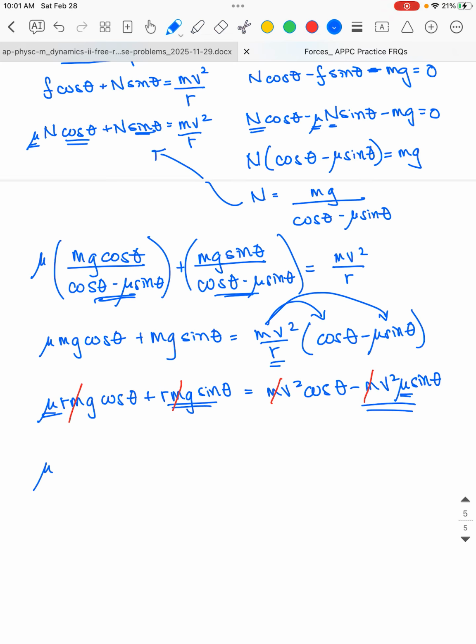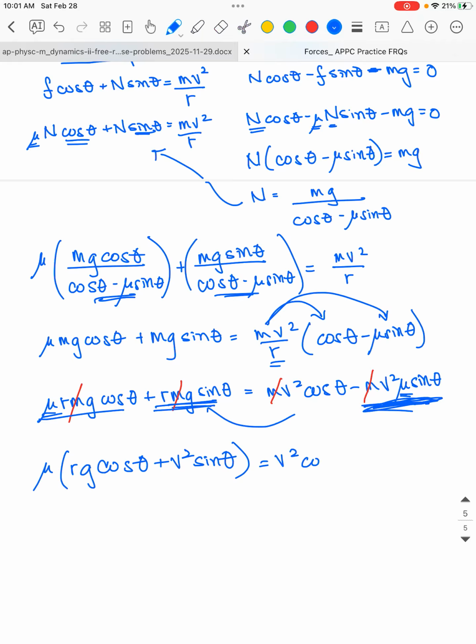Again, this expression is going to add over, and I'm going to factor out the mu all in one step. So hopefully this algebra, where I'm doing multiple steps in one, doesn't confuse you. And then I'm going to take this expression and bring it over to the other side.